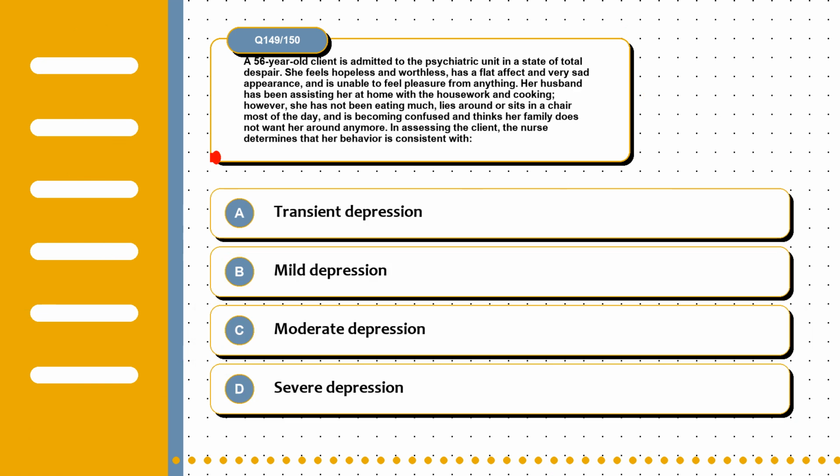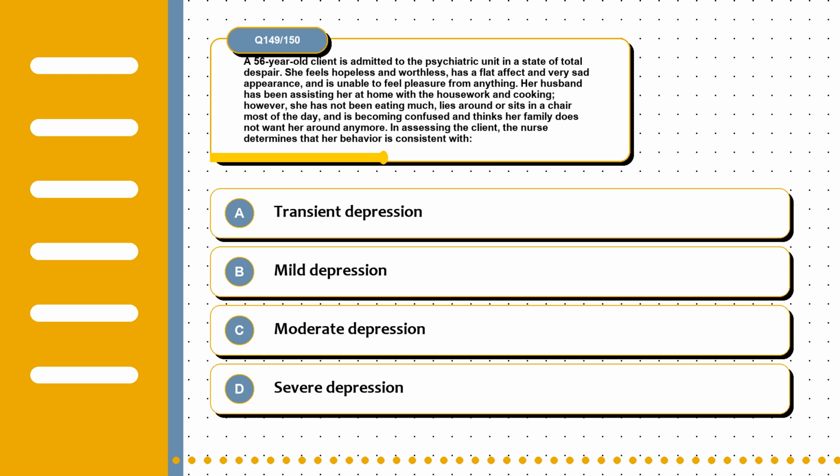Question 149. A 56-year-old client is admitted to the psychiatric unit in a state of total despair. She feels hopeless and worthless, has a flat affect and very sad appearance, and is unable to feel pleasure from anything. Her husband has been assisting her at home with the housework and cooking.